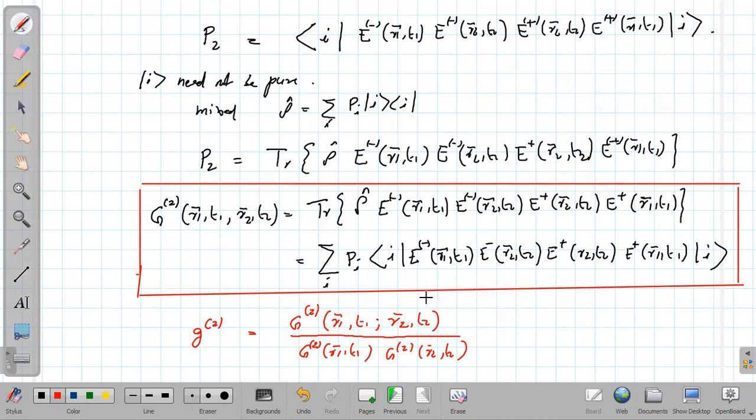A field is said to be coherent in the second order if g2 is 1.